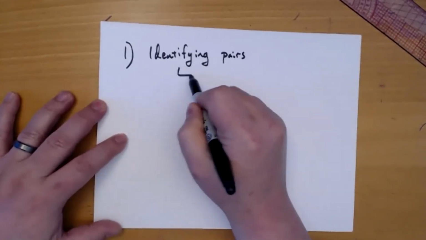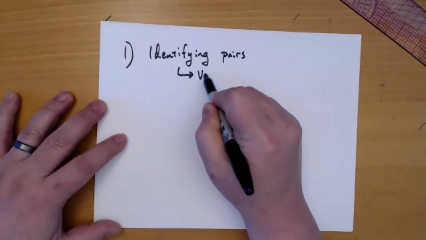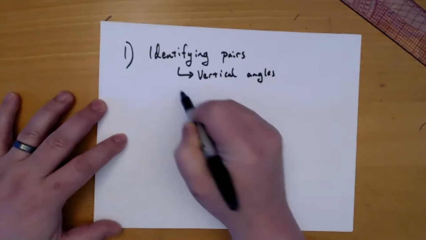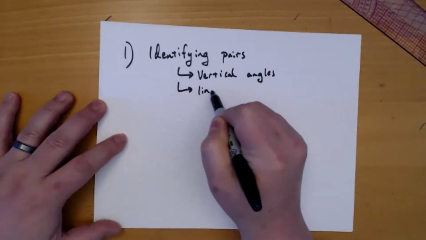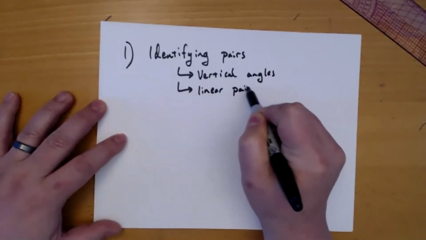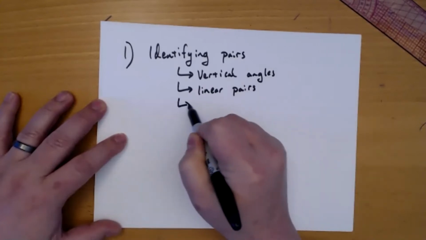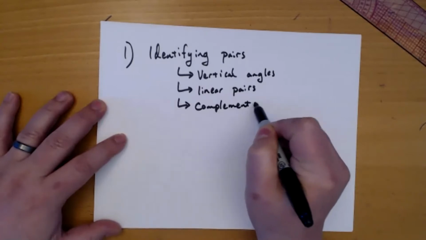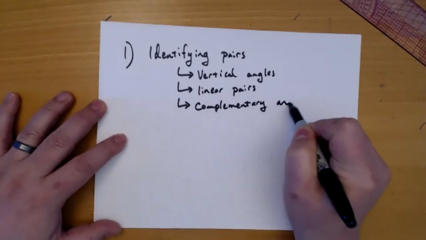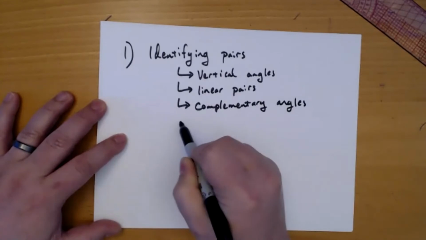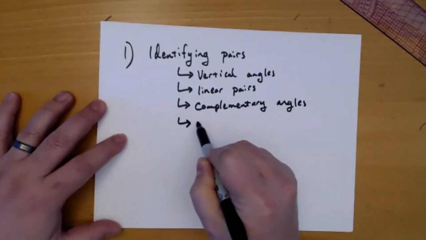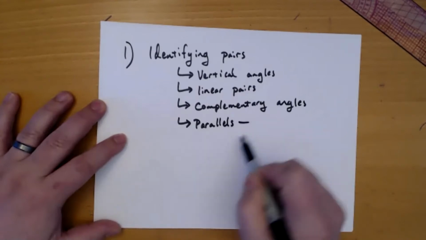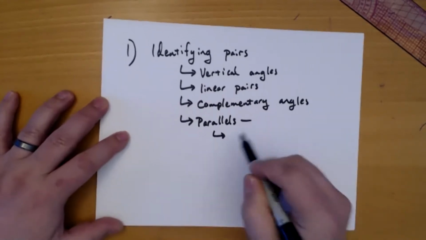Those are, for example, vertical angles, linear pairs, complementary angles, and then all of the types of angles with parallel lines. And there are five of those.